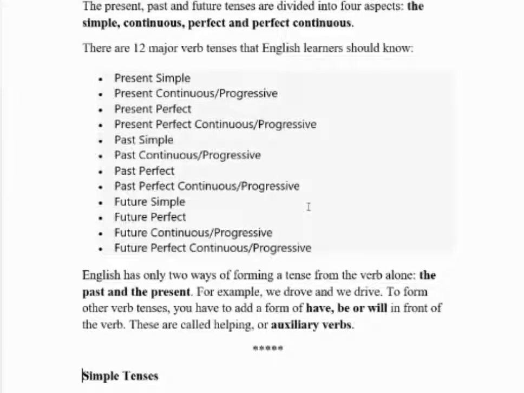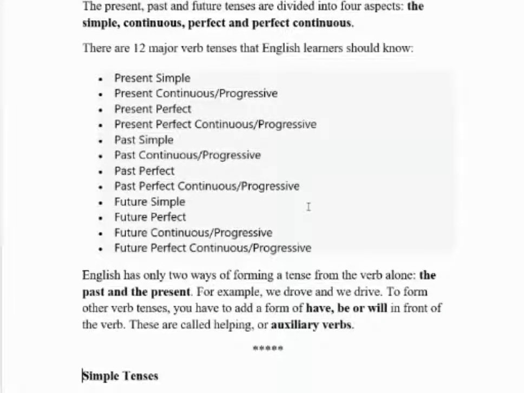While in the past, if you use the past tense, you have to add ed if the verb is not irregular. So in the past and the present, you only make changes on the verb itself, or use it as infinitive, as when the subject is plural.